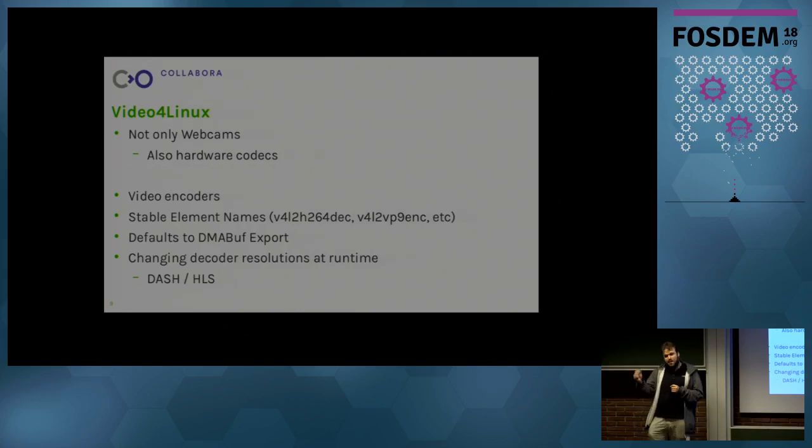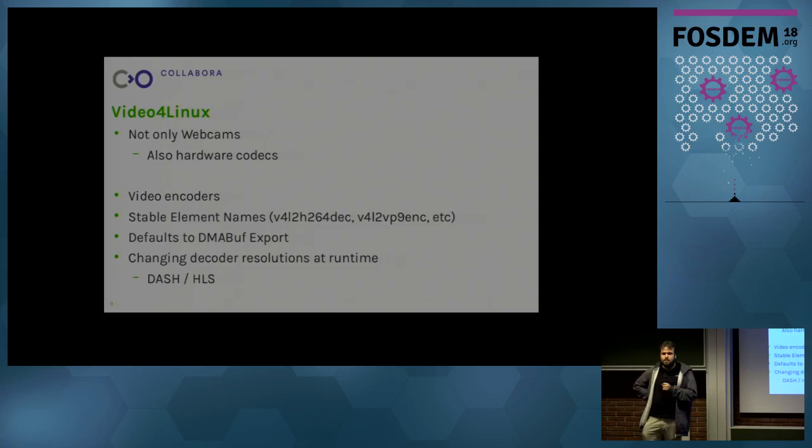Now we decided the first one that we find for each one, we just give it a fixed name, so that you can say, oh, I know I have an H.264 decoder, I just do v4l2h264dec. Bang, it works. You don't have to wonder whether it's going to be called dec23 or dec25, and you have no way to guess that. So it means it just works with gst-launch.